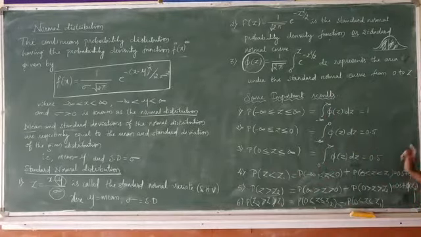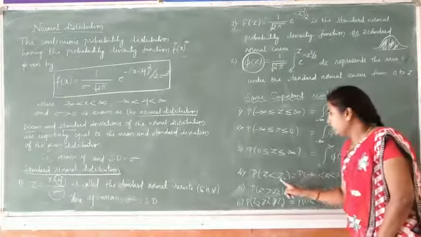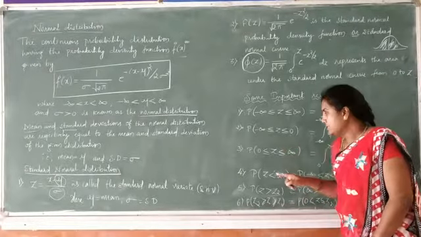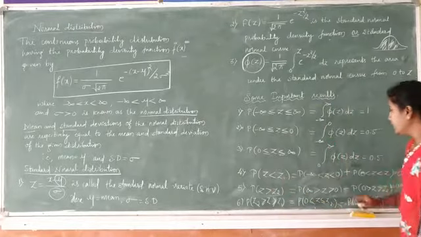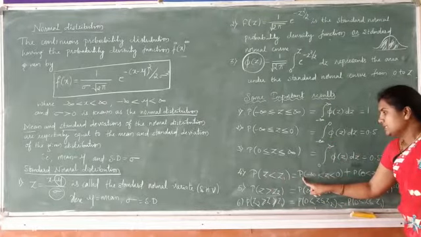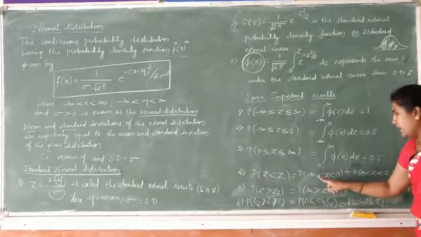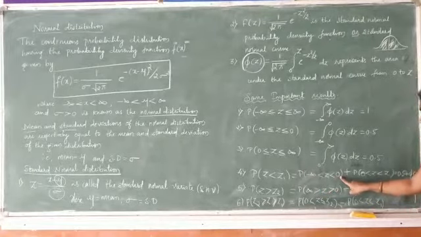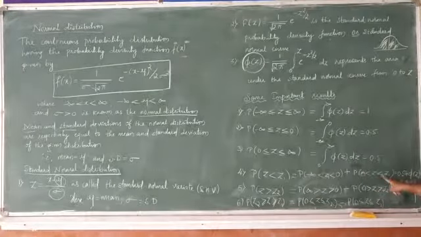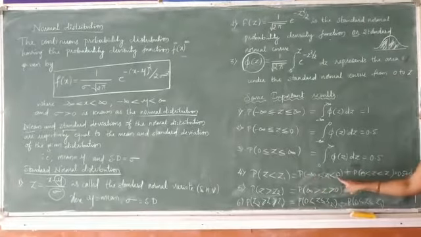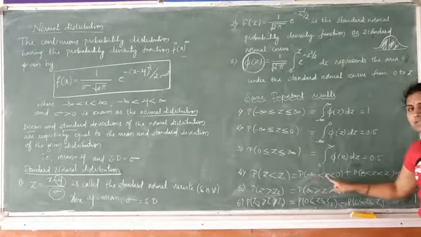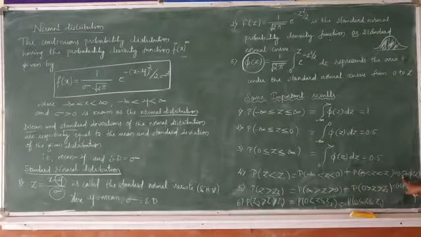Next, if we have one more point, z1, then the probability of z less than z1 we can write as z lying between minus infinity to 0 and 0 to z1. When z lies between minus infinity to 0, the value is 0.5, plus phi of z1.